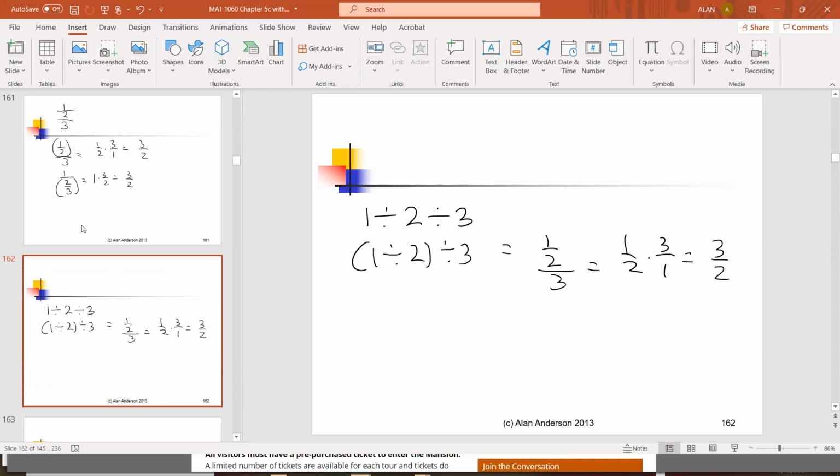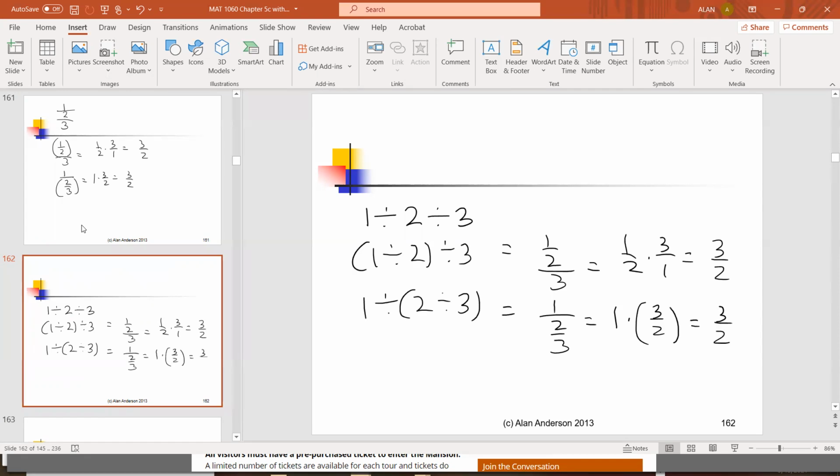And then 1 divided by 2 divided by 3. Okay, it seems to be working. Where it's not going to work is if you start mixing and matching other operations, like multiplication or subtraction or whatever. But here it appears that this does seem to be working well for division.